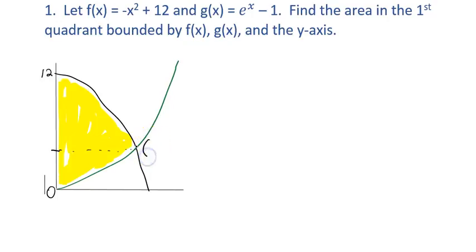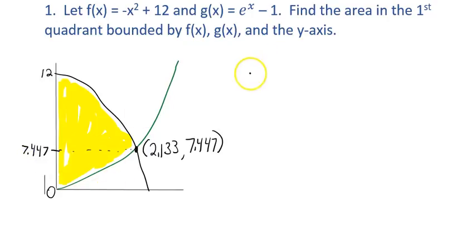Alright, our intersection point right here is the point 2.133, 7.447. And so since we are talking about the y-axis over here, I mean, I'm obviously not drawn to scale, but the y value is what would be on the y-axis.